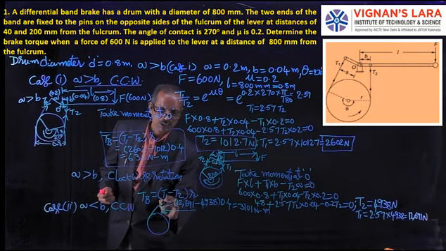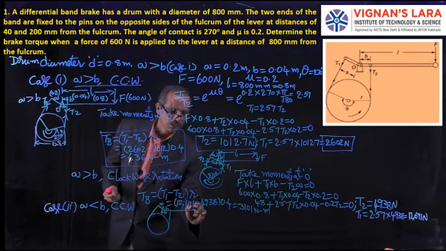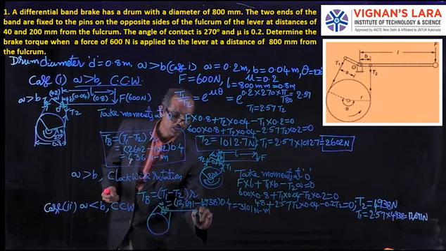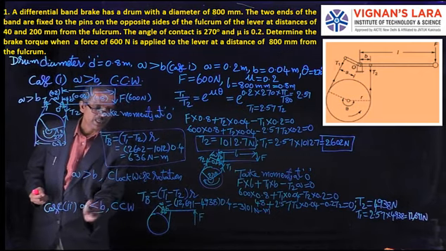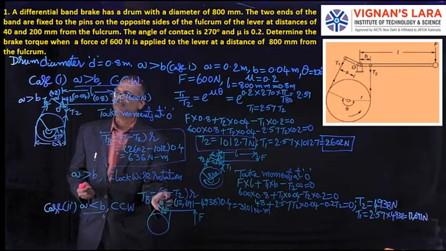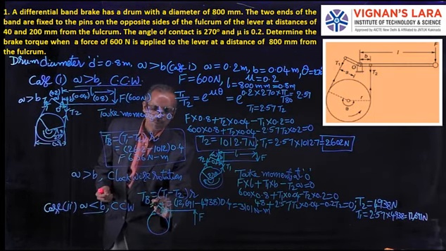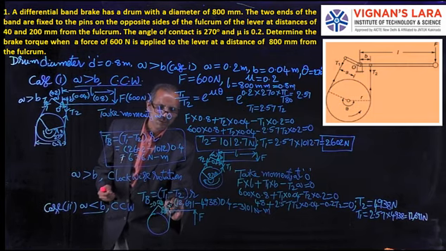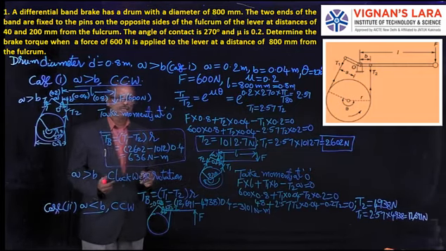Now the force applied is upward, A is less than B. That means this value becomes 0.04 and this becomes 0.2.